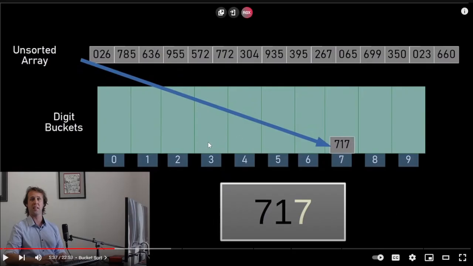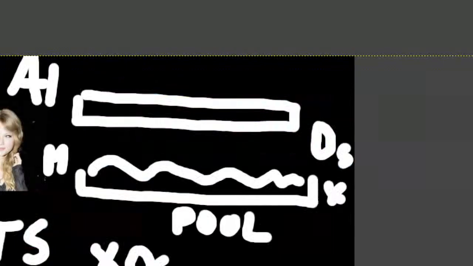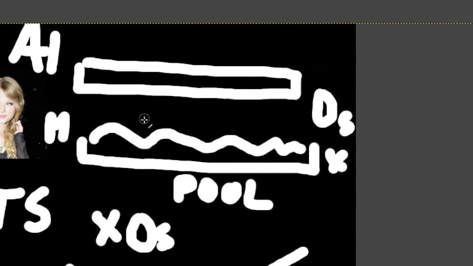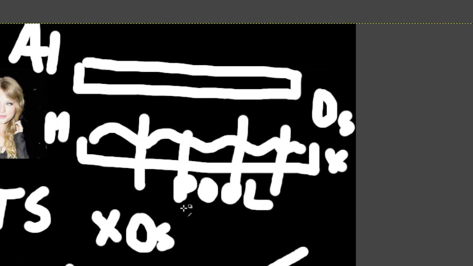Bucket sort feels like it would already use the most significant digit. You have buckets that are ready to suck in numbers that have specific values. In this case, there are no real separations.